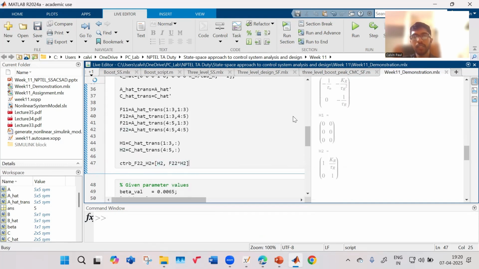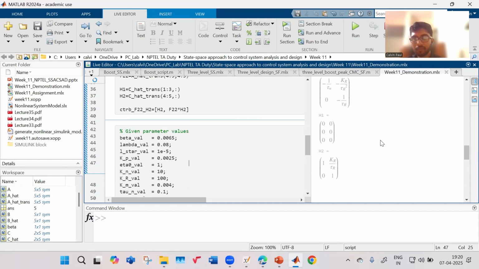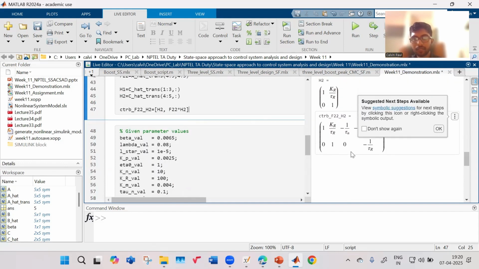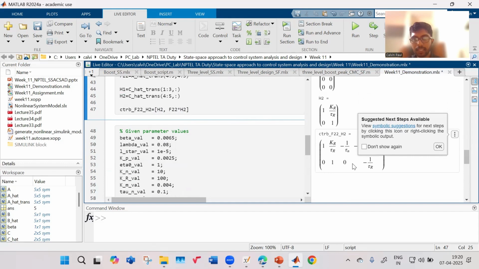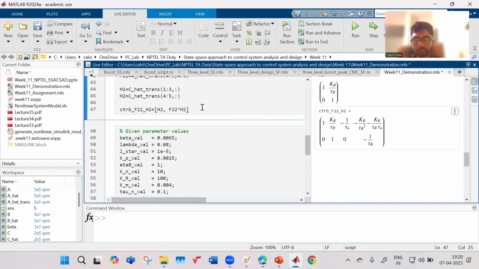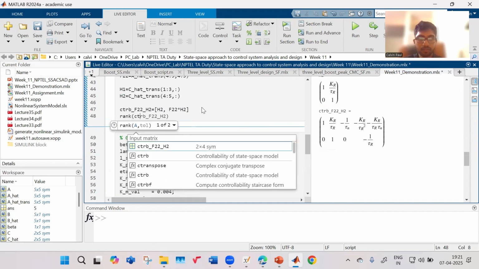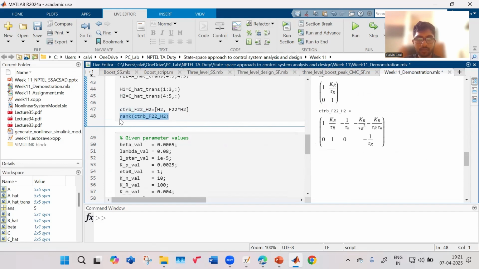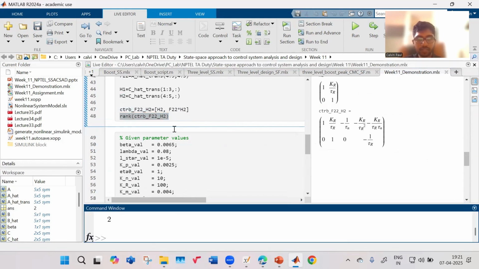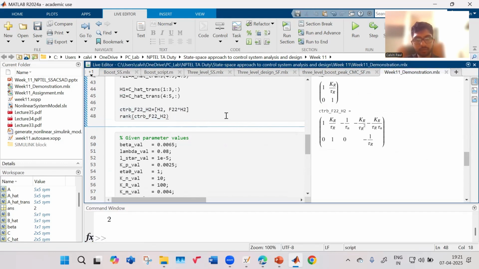Let us run this section. It comes out like this, and you can see that it is a controllable one. Let us find the rank. Finally it ran, 2, so it is a controllable one. Right?